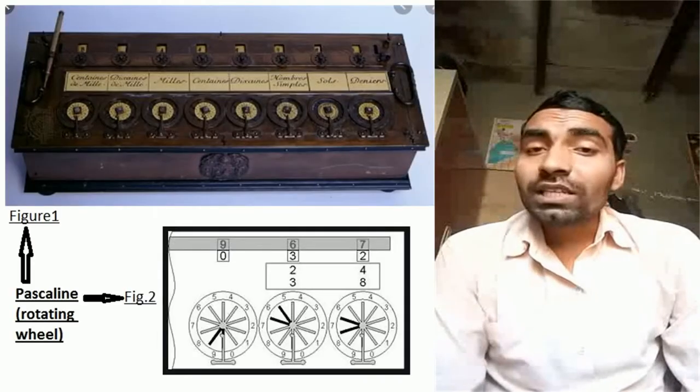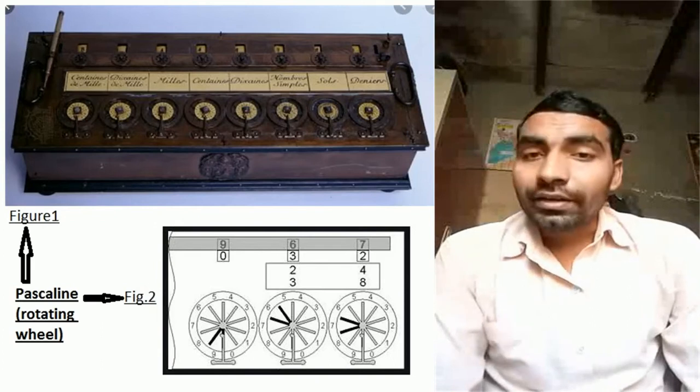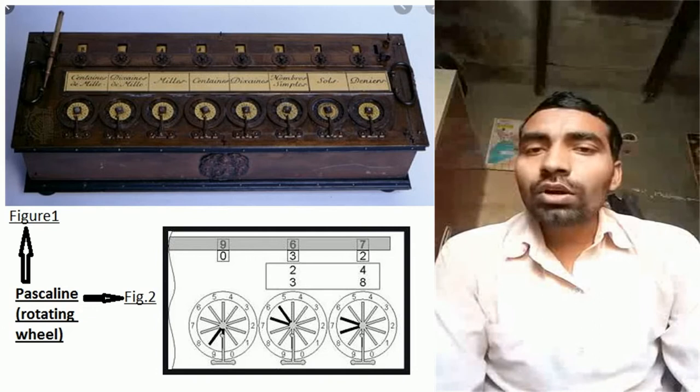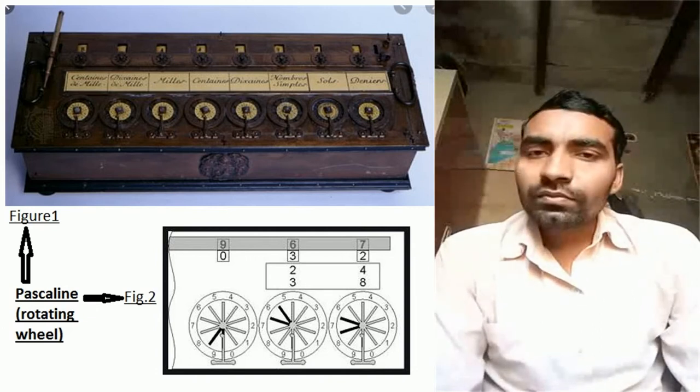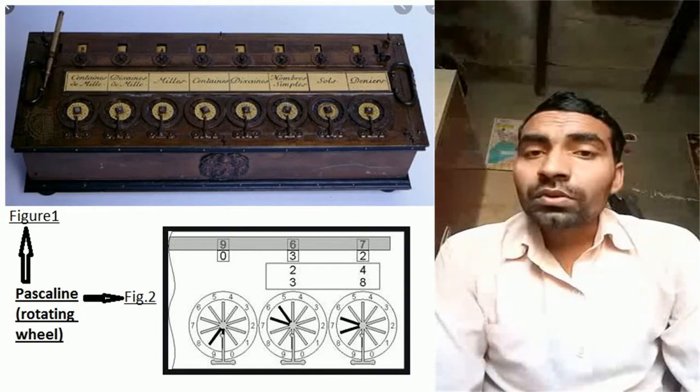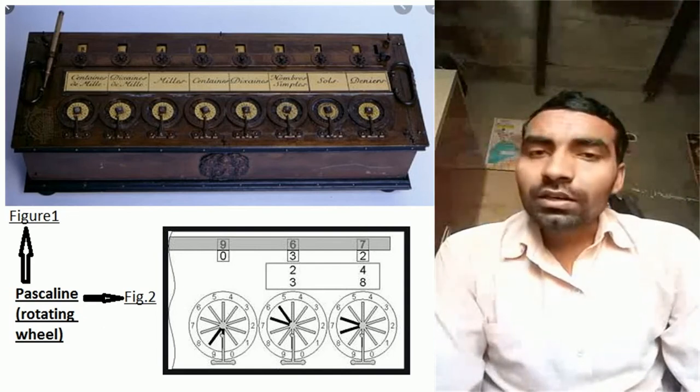Then the next machine is Pascaline, the rotating wheel, which you must have heard about. Pascaline was developed in 1642 by Blaise Pascal.